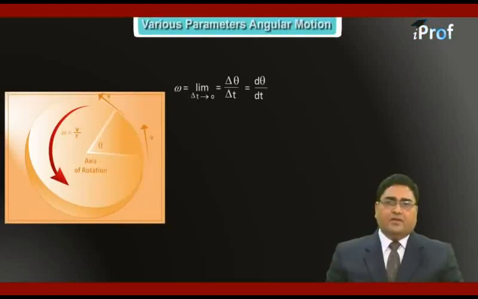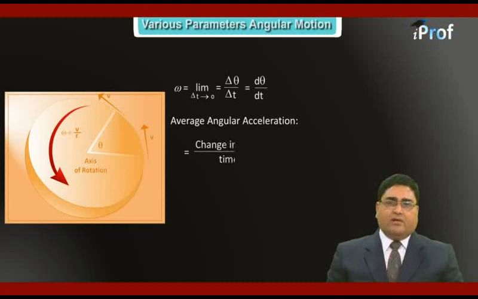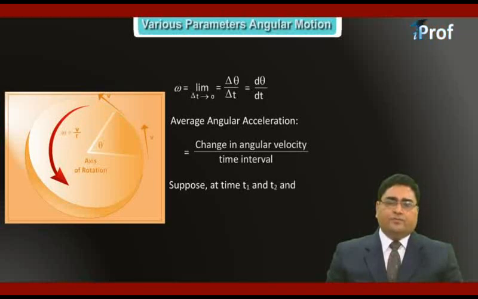Now what is angular acceleration? The average angular acceleration is equal to change in angular velocity divided by time interval. Suppose at time t1 and t2, angular velocities of a particle are omega 1 and omega 2 respectively.